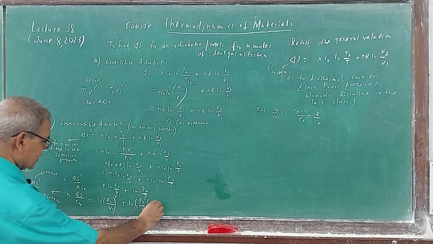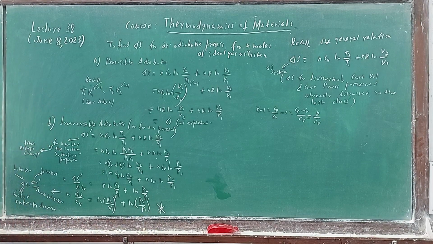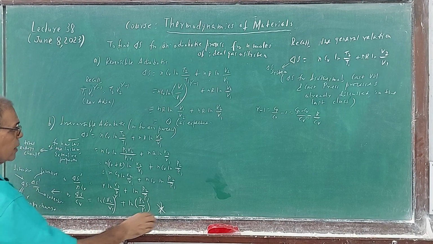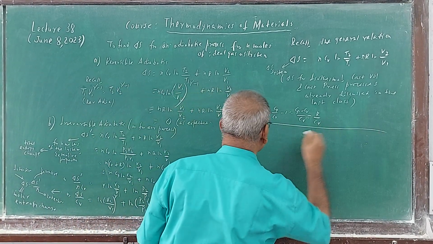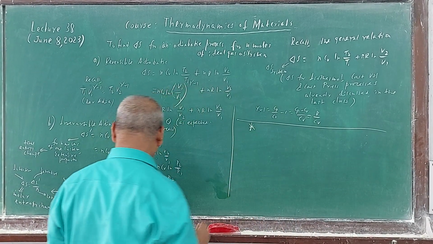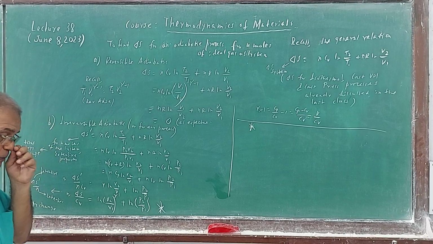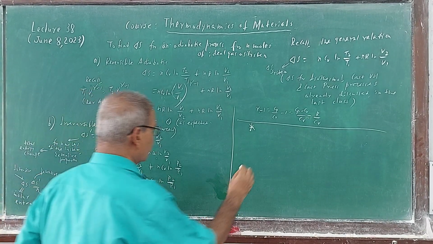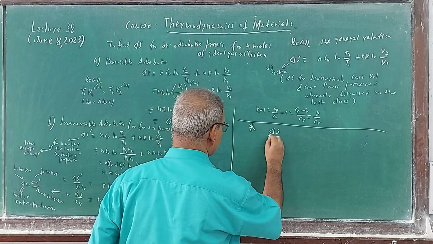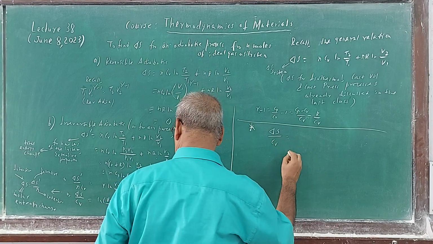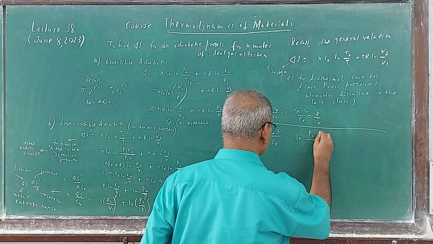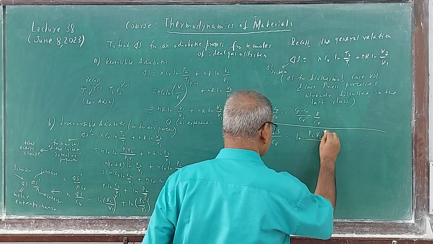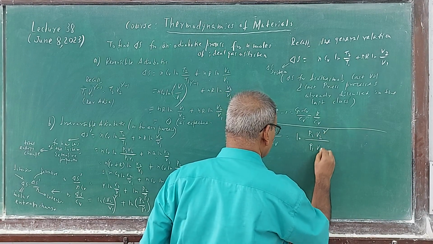So I start at this place and go up, maybe this side. Let us not disturb this. Take up here. What are you getting? ln, or delta S by Cv is what? ln. I am writing something, you follow. P2 V2 to the power gamma by P1 V1 to the power gamma.